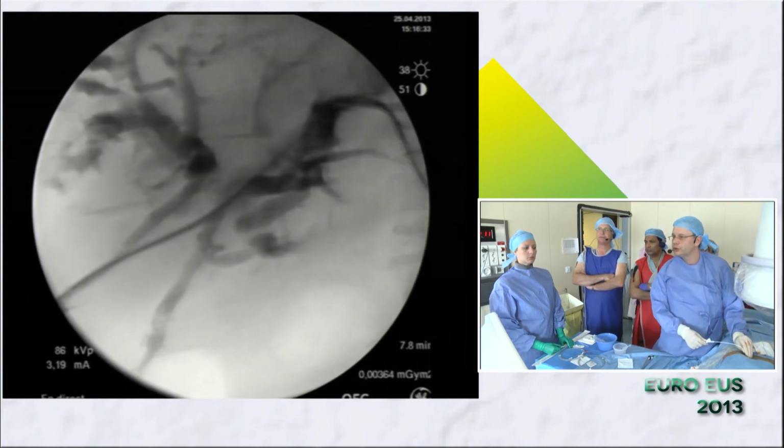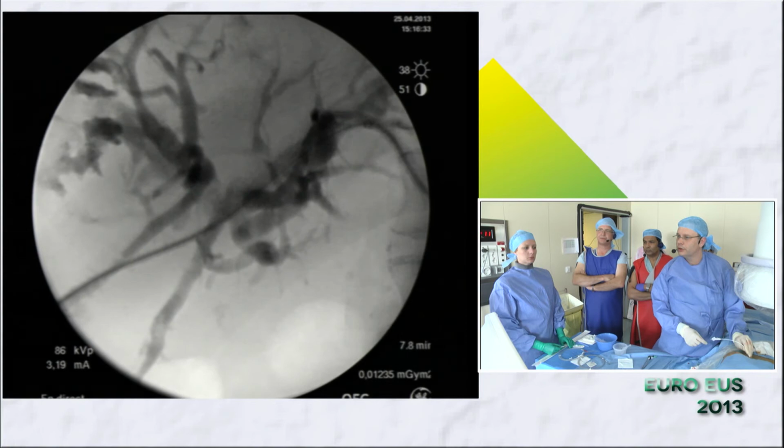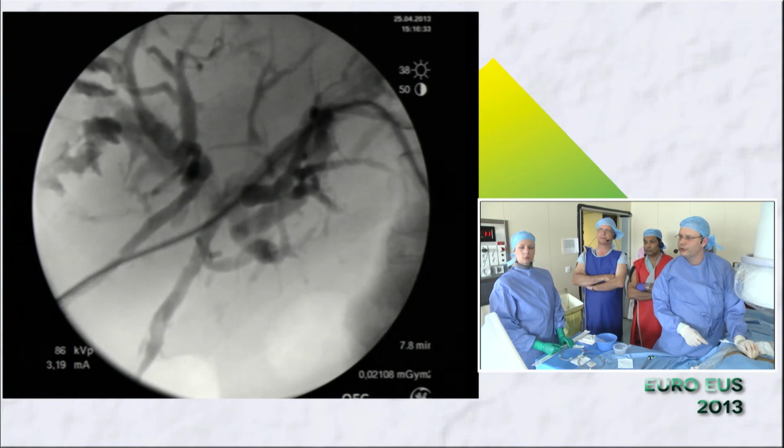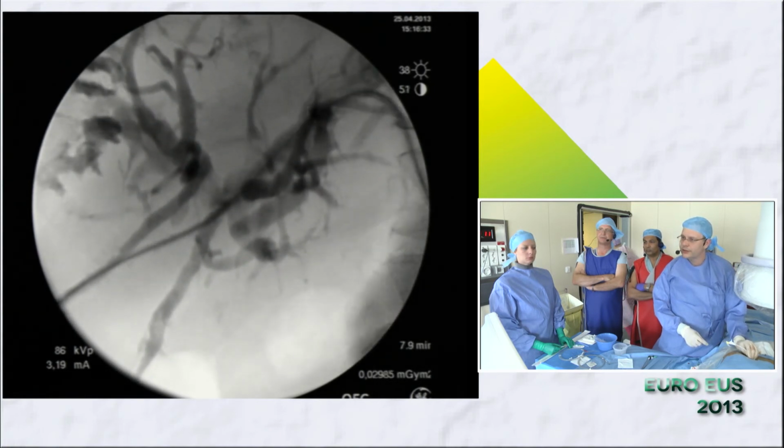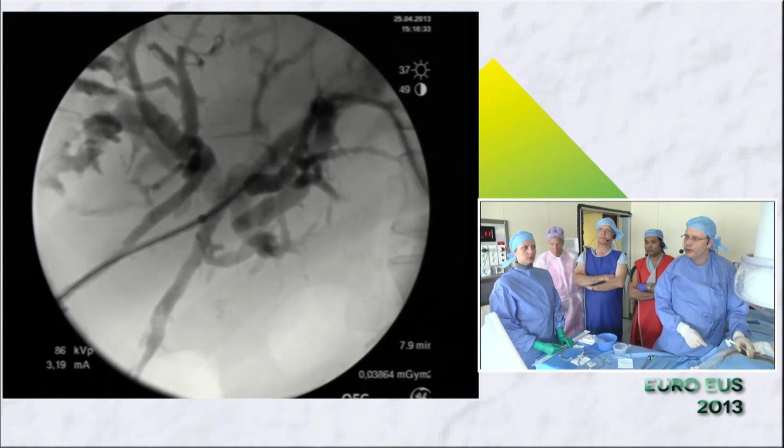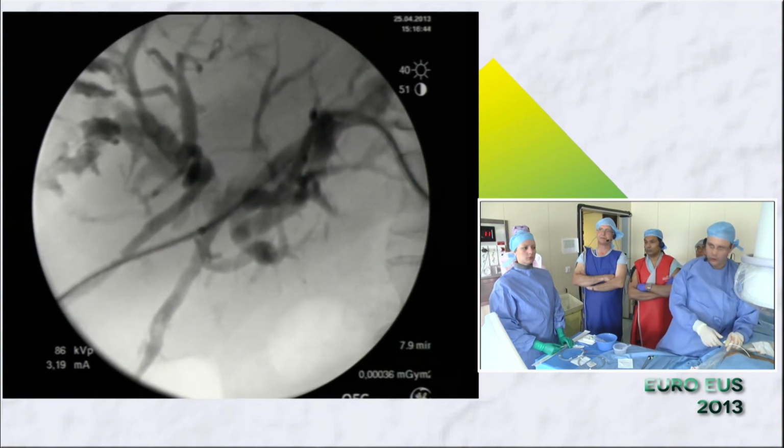So I push the guide wire, the catheter, sorry, along the guide wire to place it. Here you see the black marker. It's the upper part of the side hole.